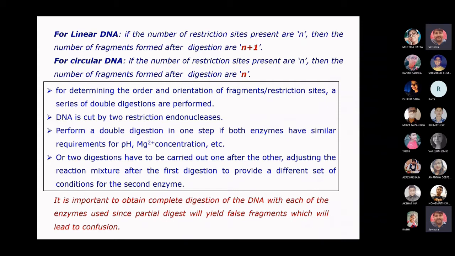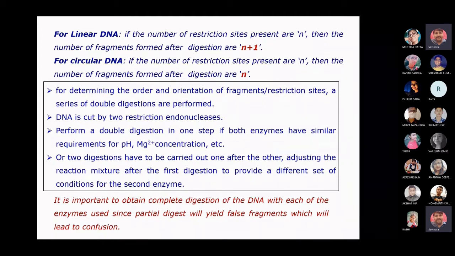And the most important thing in this is that it is important to digest completely. Suppose you have taken a piece of DNA and the required time is 90 minutes, but you keep your DNA only for 30 minutes, or only 40 minutes, or only 20 minutes.